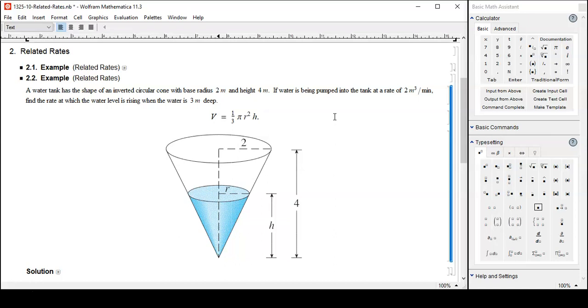Is that sufficient? Water is being pumped into the tank at the rate of this, so something is equal to 2. What is it? But it says at the rate of, so the rate is 2 cubic meters per minute. So what is equal to 2? Can you figure it out?